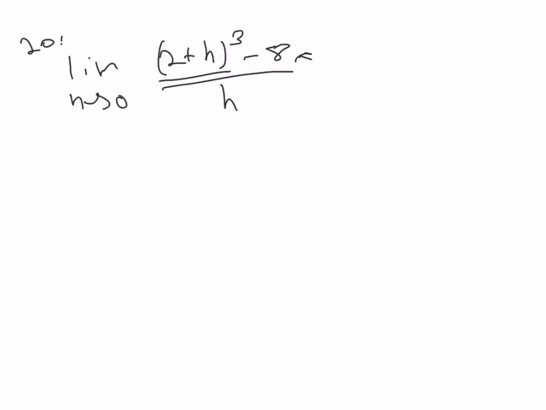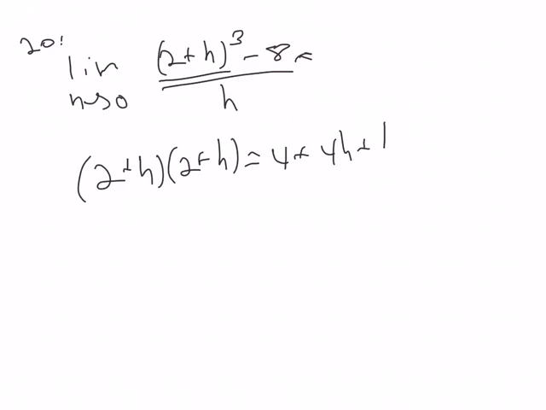Okay, so let's do it. So (2 + h) times (2 + h) is just going to give you 4, plus 2 times h, plus 4h, plus h squared.